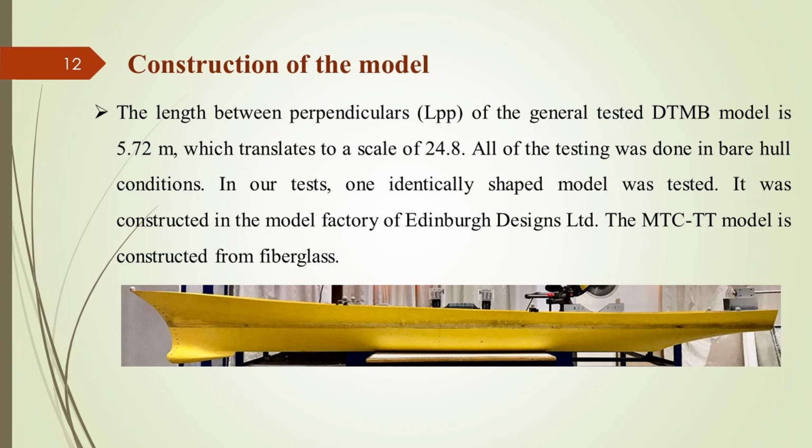Then we talk about construction of the model. The length between perpendiculars is 5.72 meters. This is the first model. Ship model tests were constructed in the model factory of Edinburgh Design, and the MTC model is constructed from fiberglass.